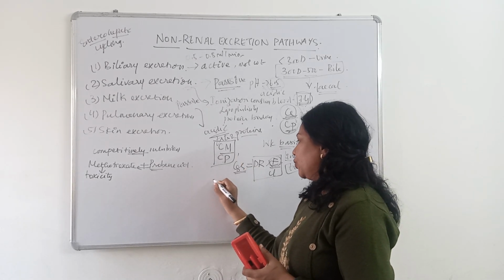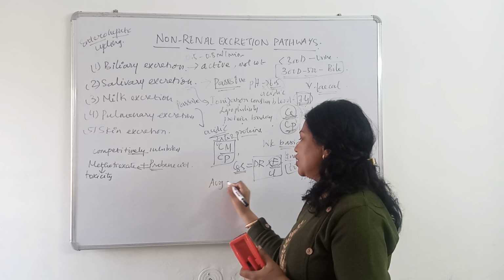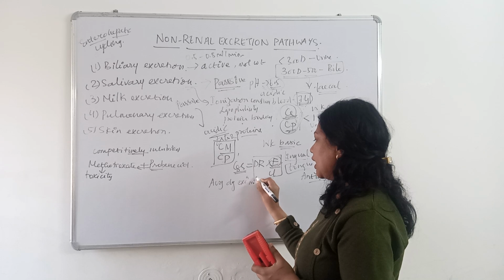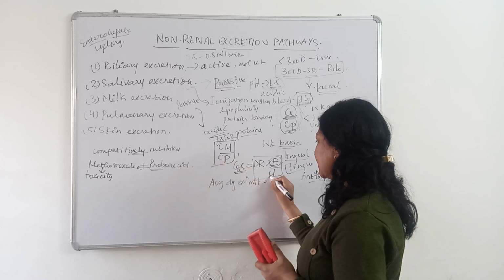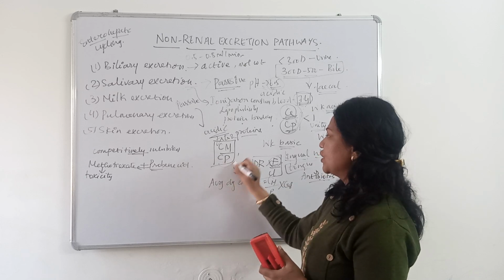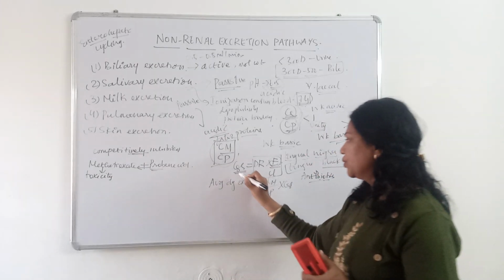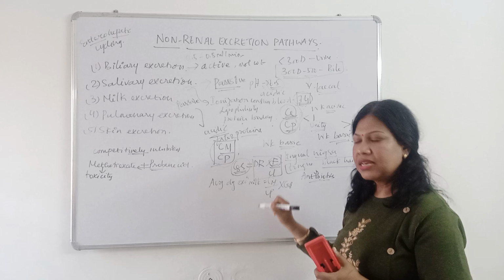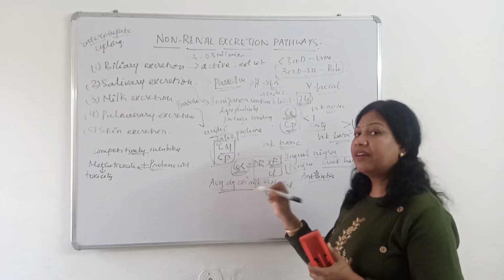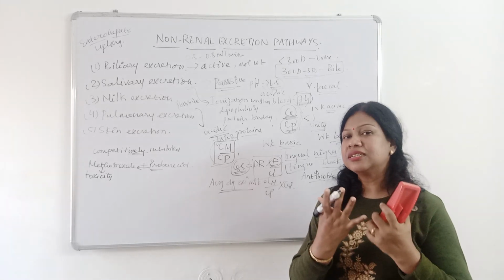The average drug excreted in milk can be calculated by multiplying the M/P ratio by CSS. First of all, you have to calculate the M/P ratio, then you have to calculate the CSS, that is, the steady state concentration. Multiplying these two, you will get the average drug concentration excreted in milk.